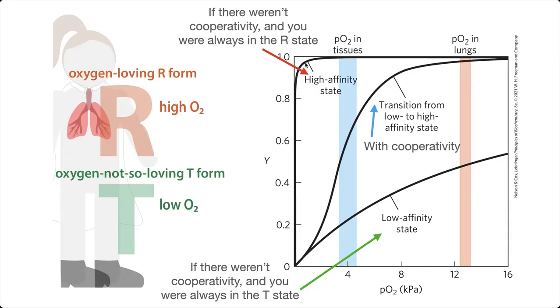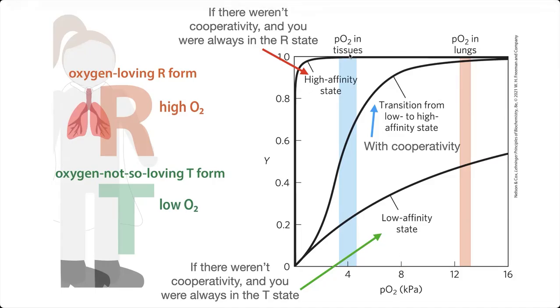Whereas this curve represents what would happen if you were always in the high affinity R state. And the reality is that we're in this middle curve where we have this cooperativity, where we have this transition from a low to a high affinity state, depending on the oxygen concentration.